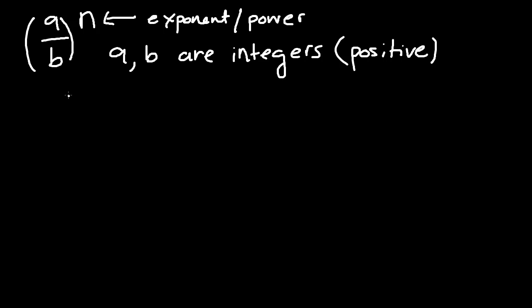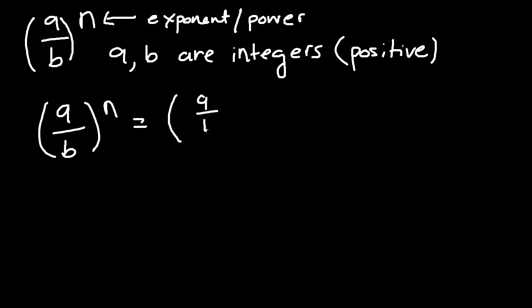So the answer to the problem when you have a fraction which is written in the form of a over b to the power of n is as follows. The answer is going to be a over b times a over b, however many times n is, okay.